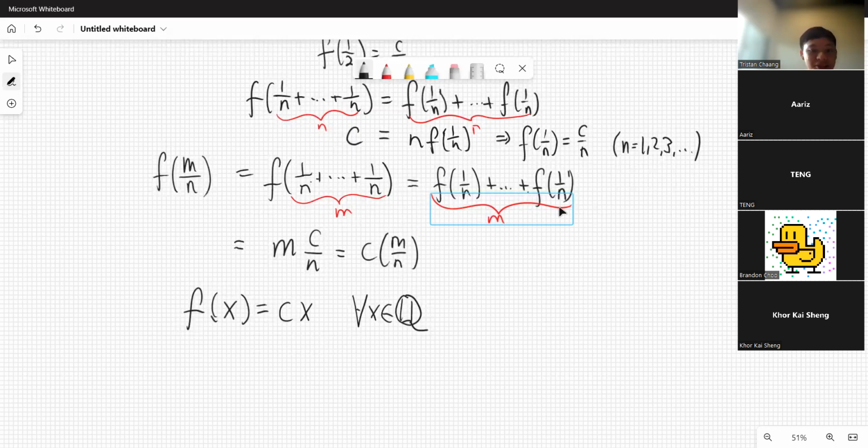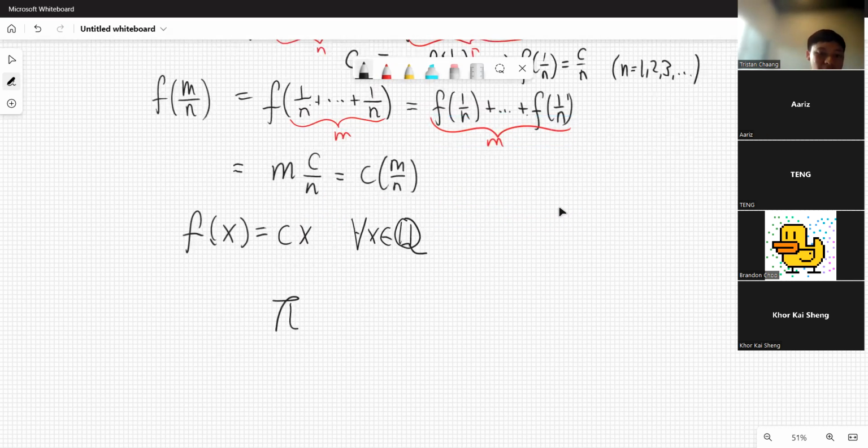So we can access all the rational numbers in this way by just studying the integers. But the thing is, what if we have f(pi), for example? We cannot really reach pi by combining integers via addition, subtraction, multiplication, and division, right? So here's the trouble. So how do we get f(pi)?